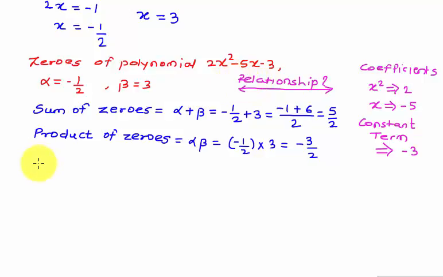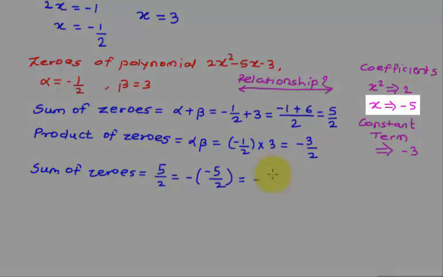Now let's write down the sum of zeros again in different form. So sum of zeros is 5 by 2. Now 5 by 2 can be rewritten as minus, and in the bracket, minus 5 by 2. Now if you observe carefully, minus 5 is nothing but coefficient of x.